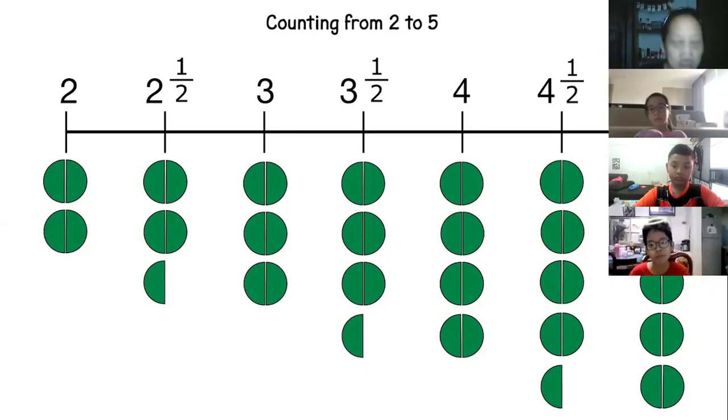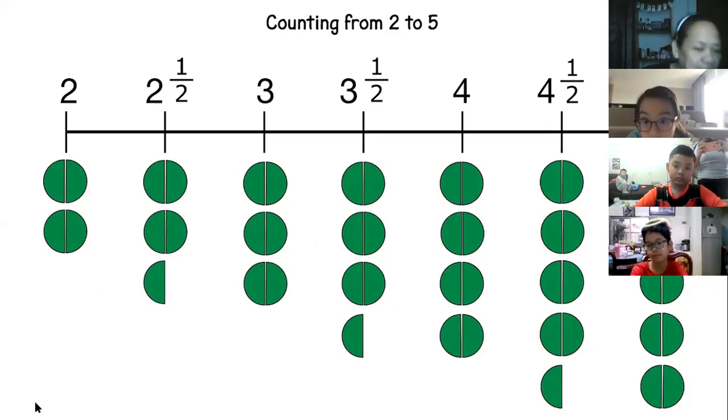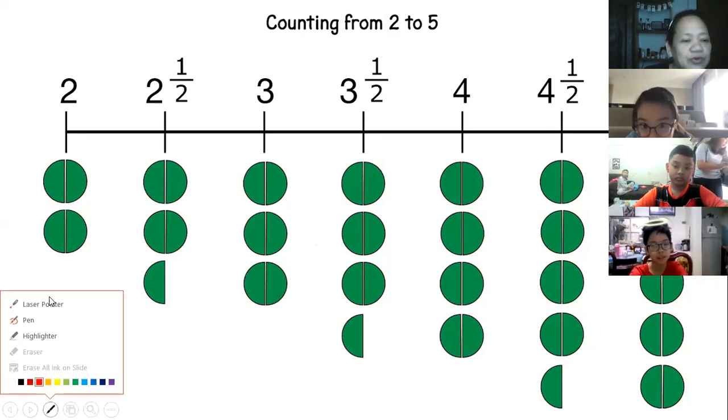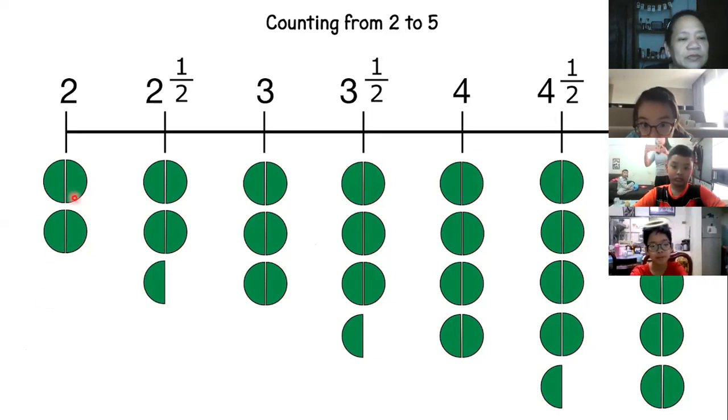As you see on the screen, this is a number line. On the first line, you will see the 2. Start with 2. This is a whole number 2. And the next line is 2 and 1/2.